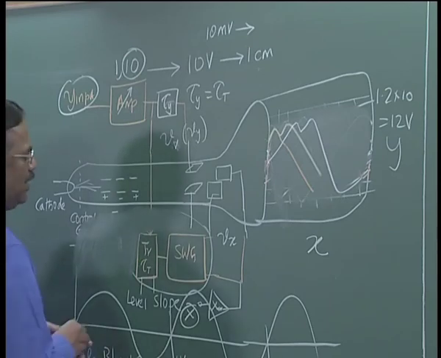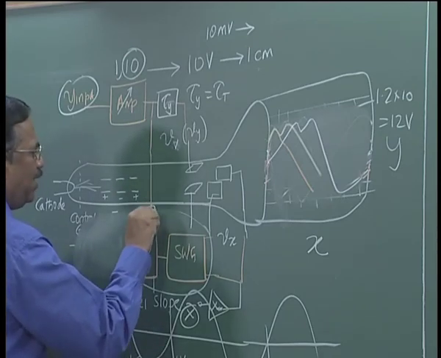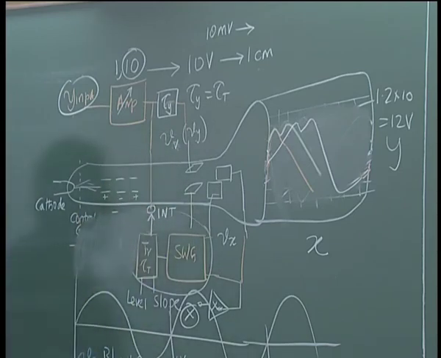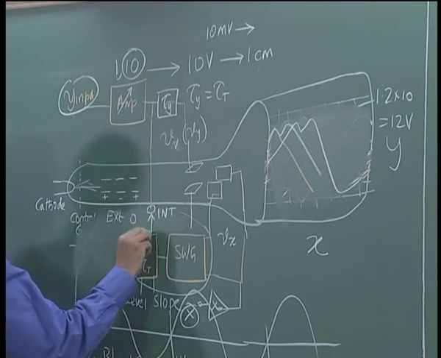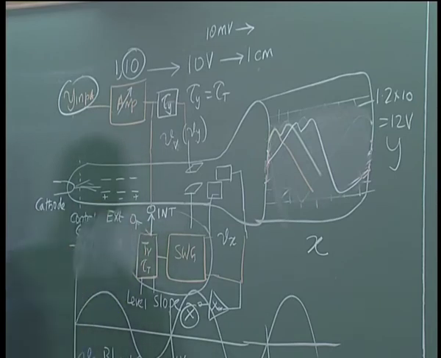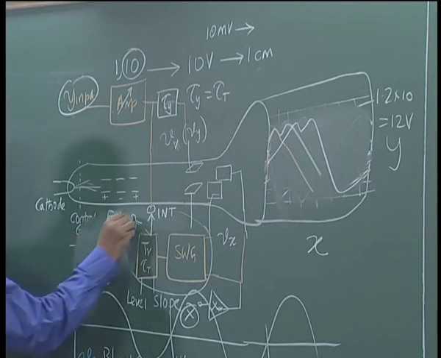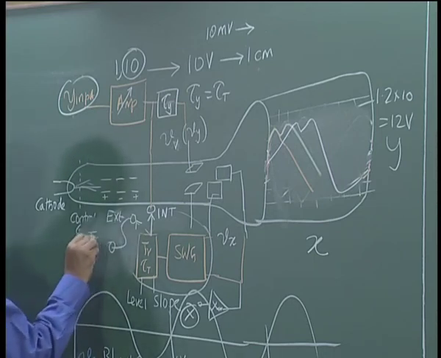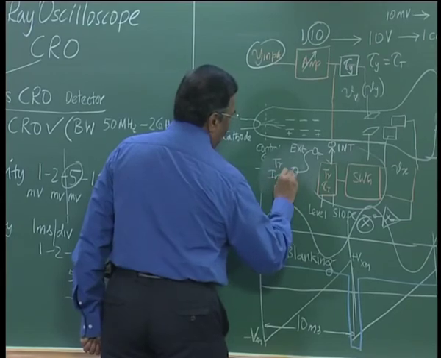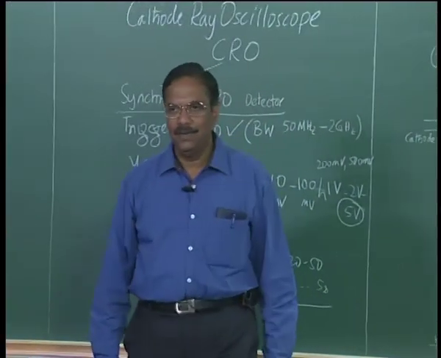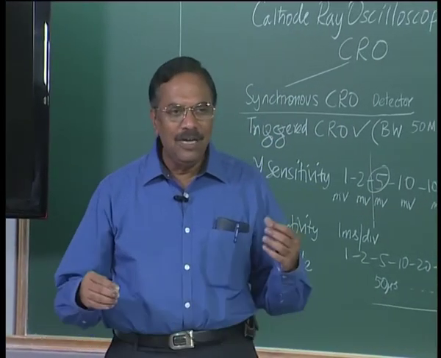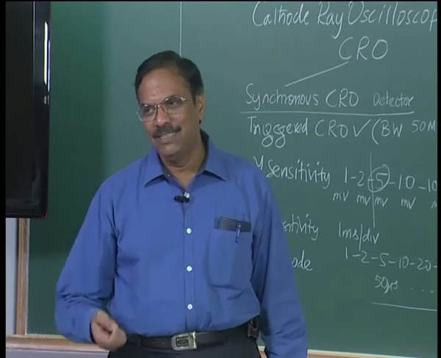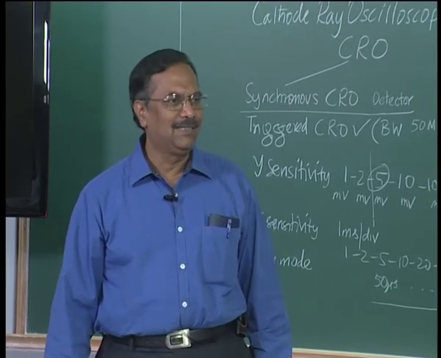You can choose the Y, which means it is internally selected, or externally selected. If the external selection is chosen, then you have to give a trigger input. On the trigger again the oscilloscope manufacturers would give you a flexibility whether you want to choose the internal trigger or external trigger.